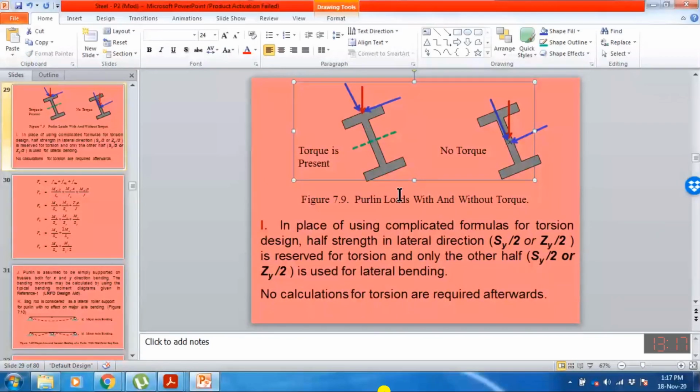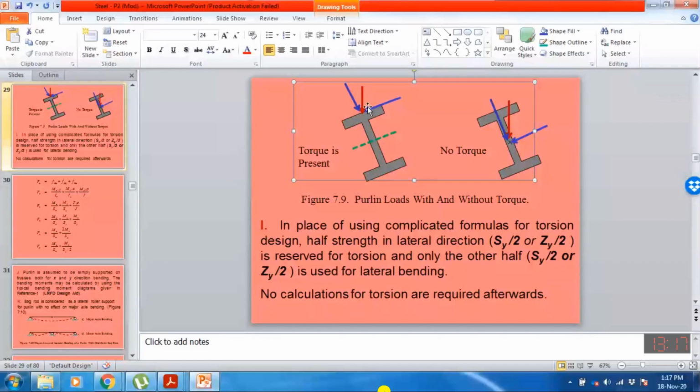This is the self weight, which acts at the center. So the self weight components only produce moment about x-axis and y-axis. But the components of the superimposed dead and live load produce both moment and torsion about the centroid of the section.